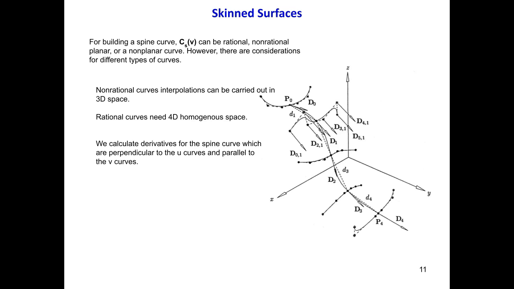For non-rational curves, interpolations can be carried out in 3 dimensions, whereas the rational curves will need a 4-dimensional homogeneous space. We can calculate derivatives along the spine curve, which end up being perpendicular to the U curves, parallel to the V curves. These derivatives can help us in our surface construction process.